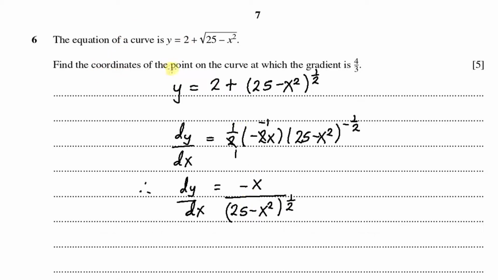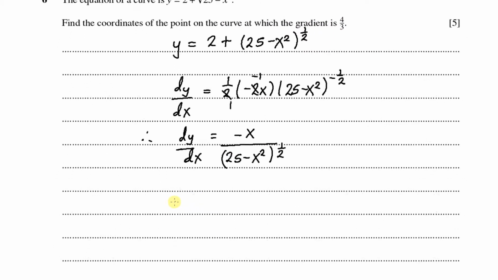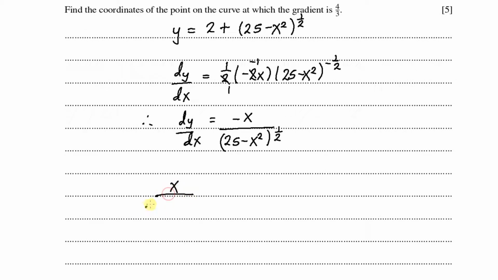So according to the question, they say find the coordinates of the point on the curve at which the gradient is 4/3. So I'm going to equate the gradient function, x over 25 minus x squared to the power of a half, to the gradient, which is 4/3.